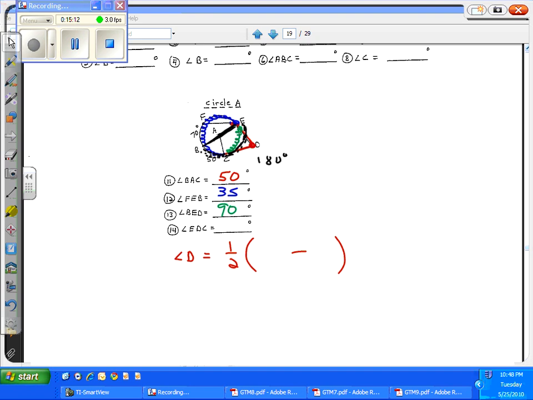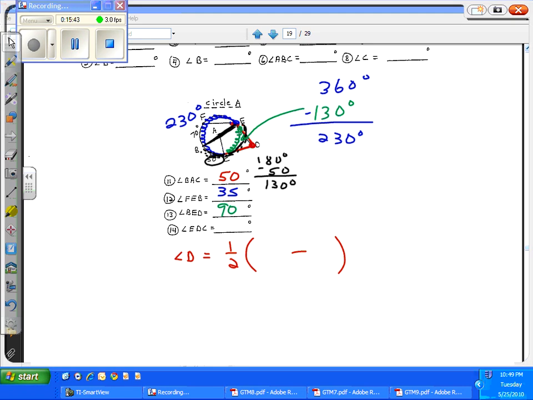which is 180 degrees. That part's 50 degrees. 180 minus 50 leaves 130 degrees. So the green arc is 130. It and the blue are the whole circle, 360. 360 minus 130 is 230 for the blue angle.